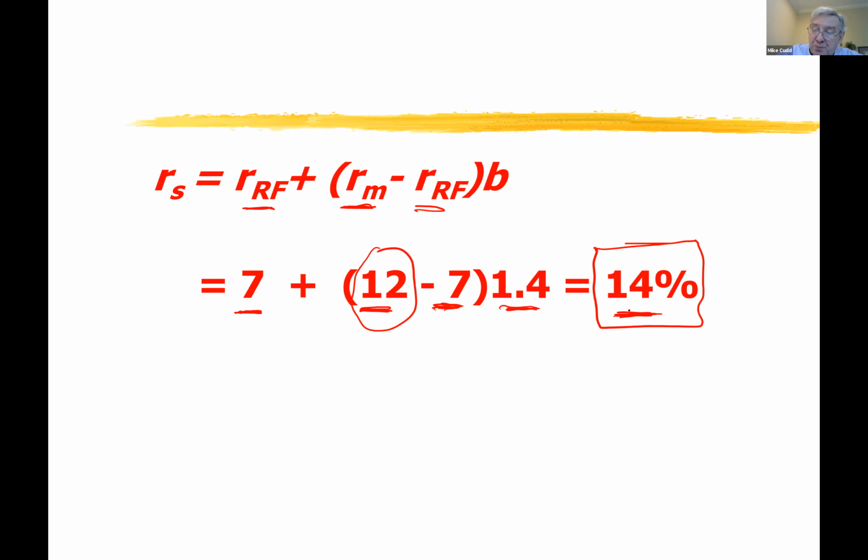Based on the CAPM, 14% is a reasonable rate of return. So that's what we should assign as a minimum required rate of return on retained earnings. Or said differently, that's what should be the component cost of retained earnings.